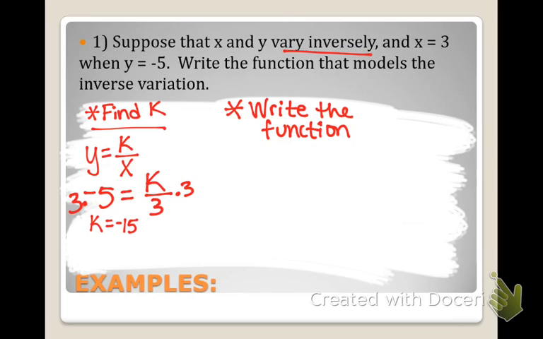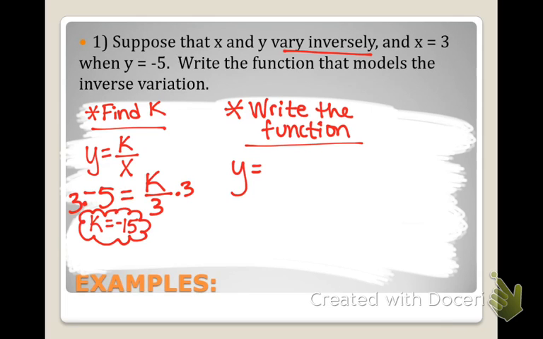So that is important. If you want to put a little bubble around it, that's important. It's just not our final answer. What do we still have to do? Plug it in so that we can write the function. Now when we write the function, we have to use the one where y is alone. It's got to be y equals, but this time the only thing we plug in is k.